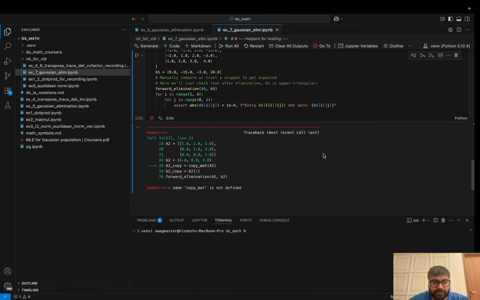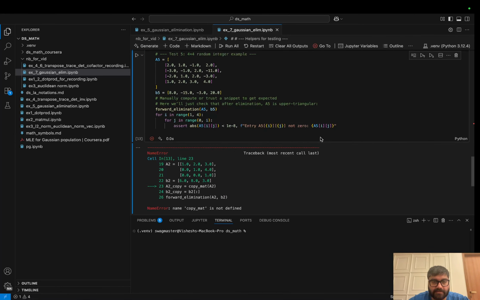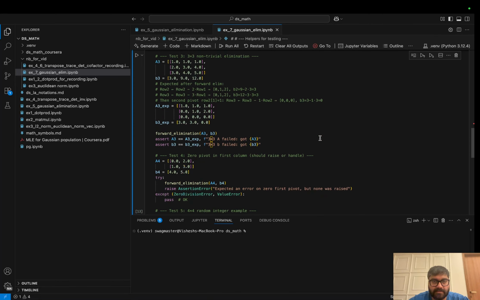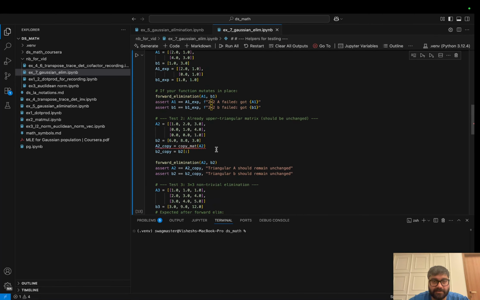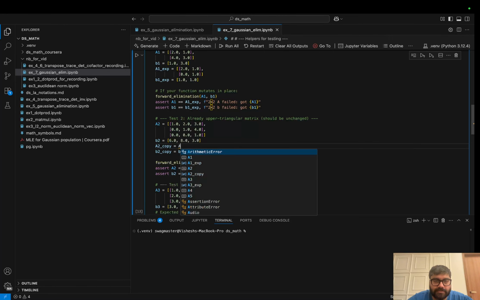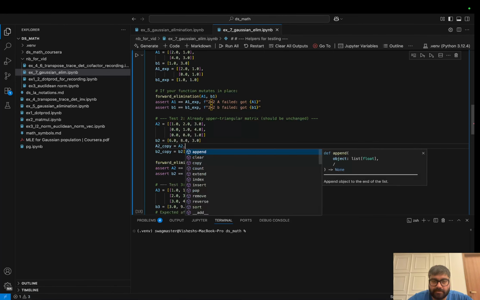Oh, there's another issue. Copy mat is not defined. Well, there's some test code here that doesn't exist. Copy mat is not existent, so I'll just do a2.copy.